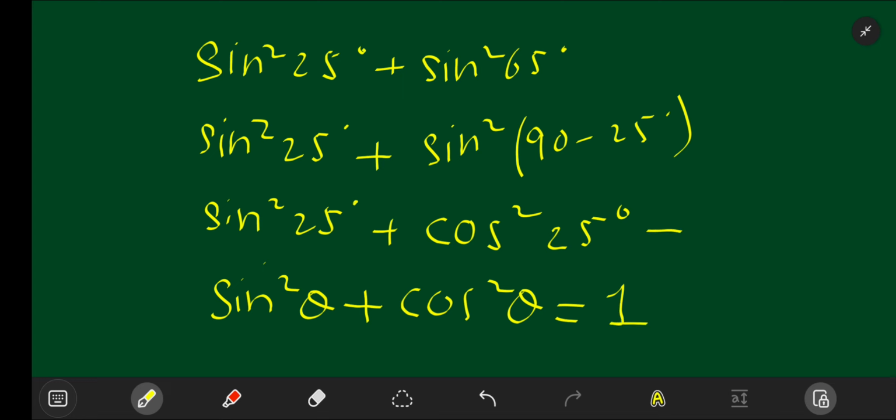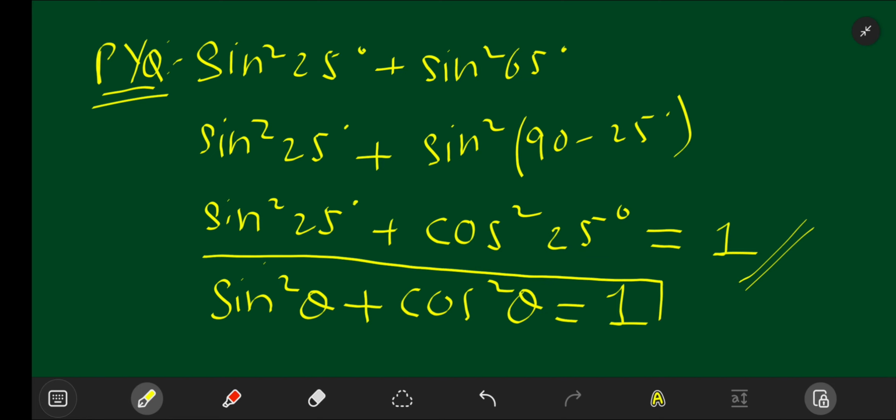So this value is equal to 1. This is the answer for this problem. This is a PYQ, in the form of this formula.